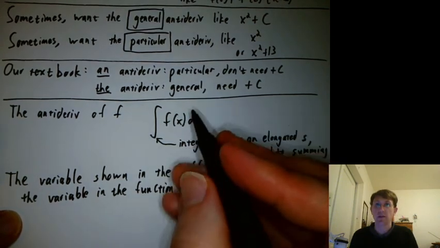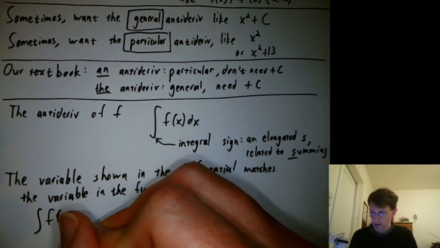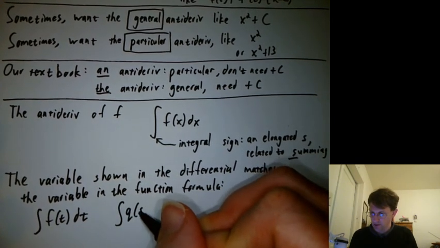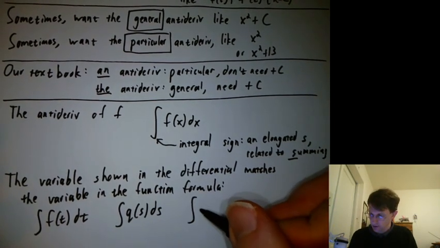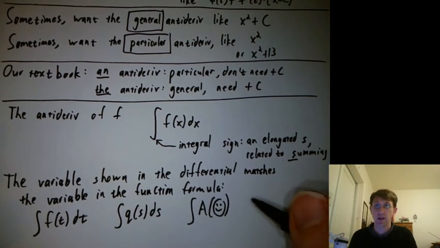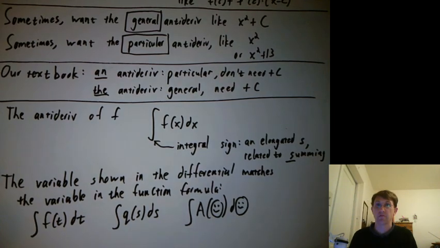So you can see integral of f of x dx, but you could also do integral f of t dt. You could do integral of q of s ds. You can use any name there, right? I think emojis don't get enough use in math, so you could say integral of a of smiley face, and then here you'd have to say d smiley face. Why not?